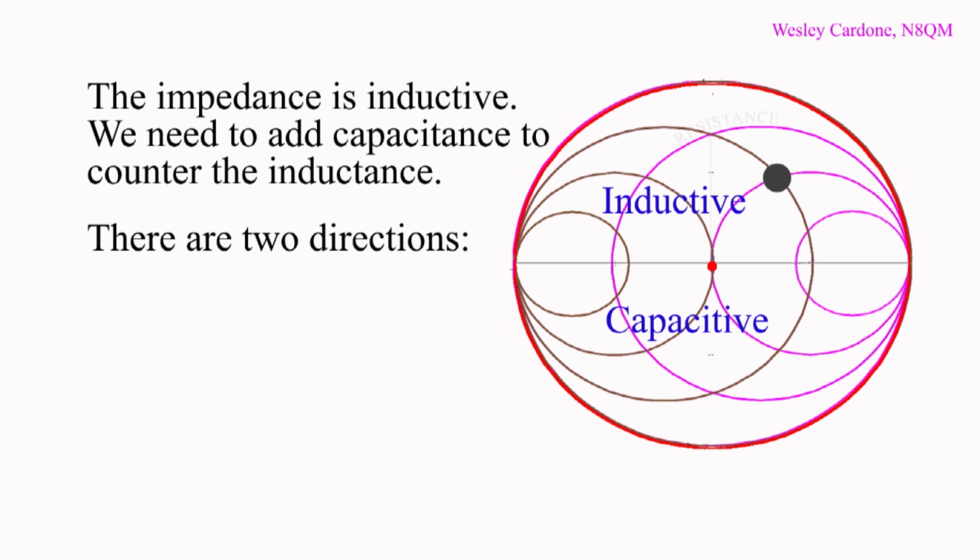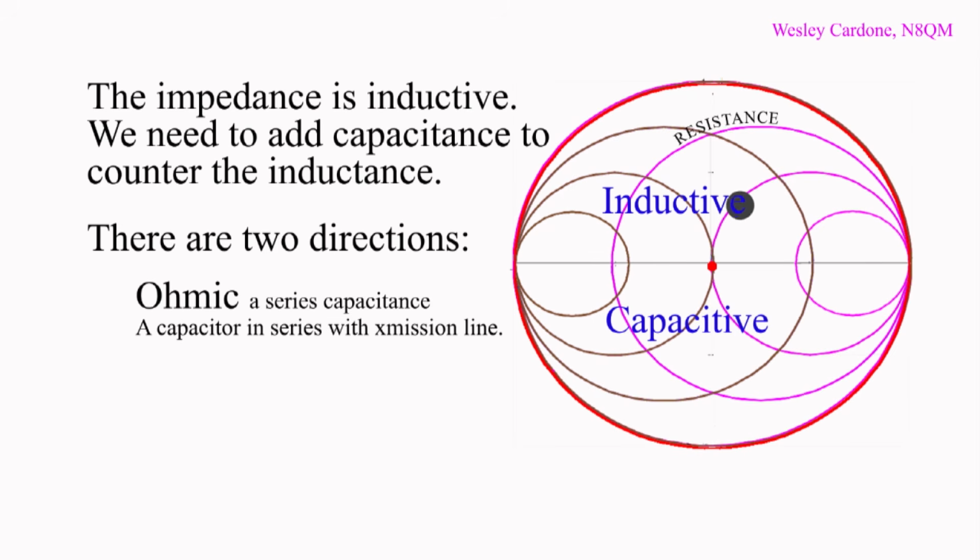The impedance is inductive, so capacitance needs to be added in order to move towards home plate. There are 2 avenues available to move south. One is resistive, which will take it to home plate.